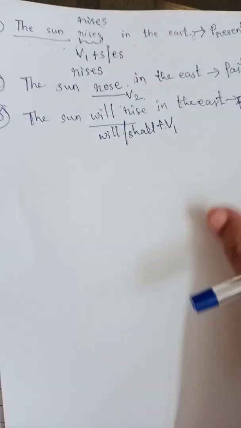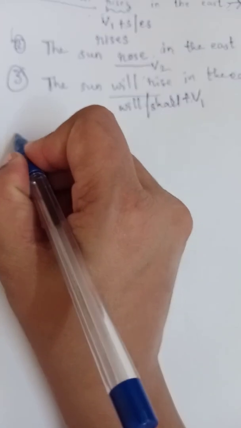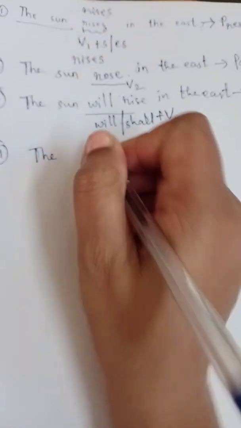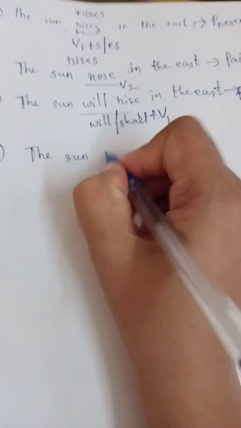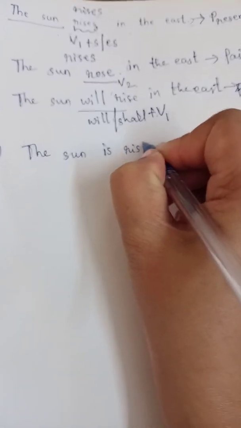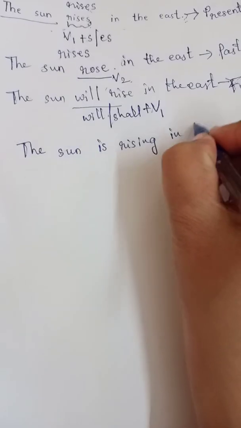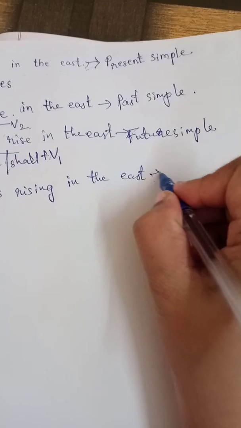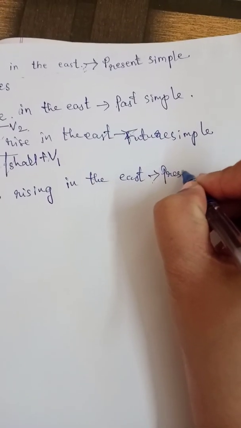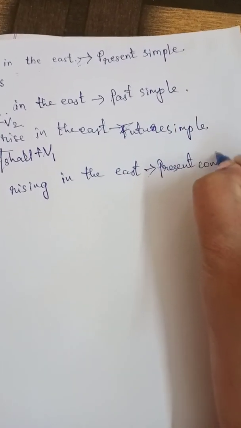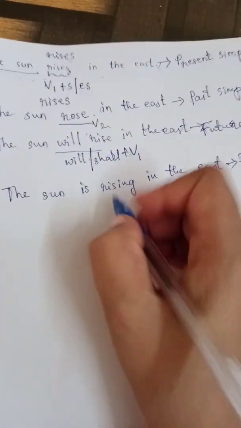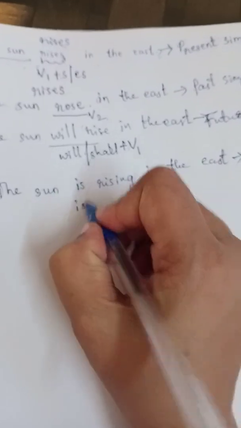Next tense is present continuous, the fourth one. So present continuous, how will it change? The sun is rising in the east. How will the verb form be in the present continuous?